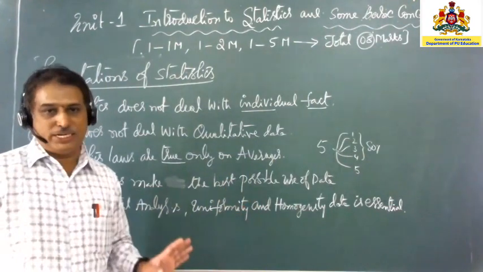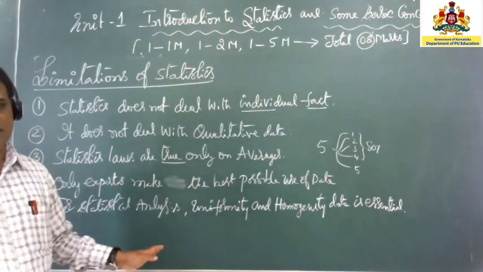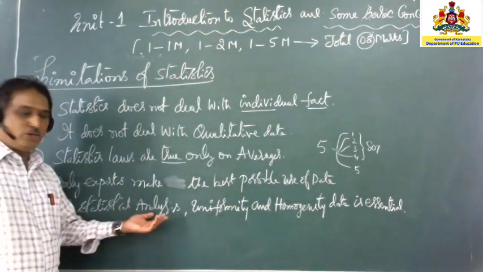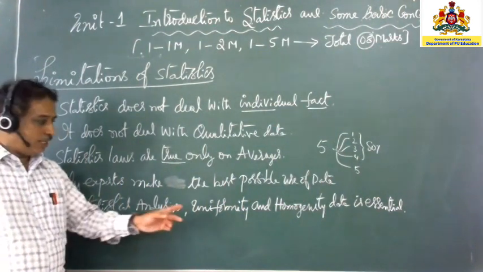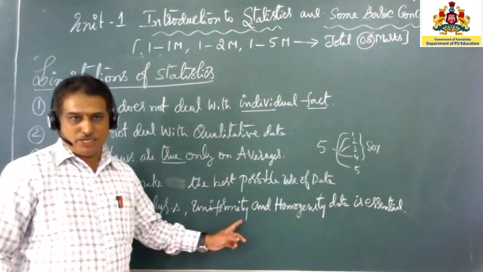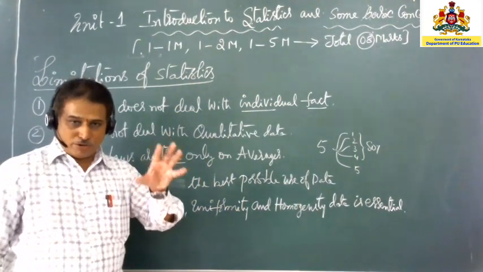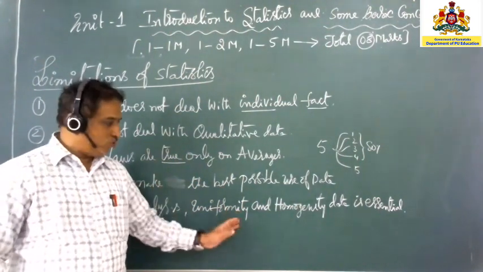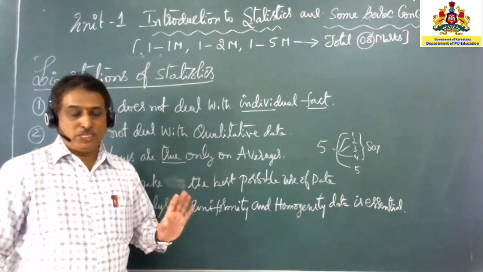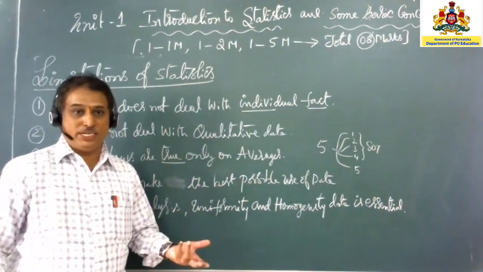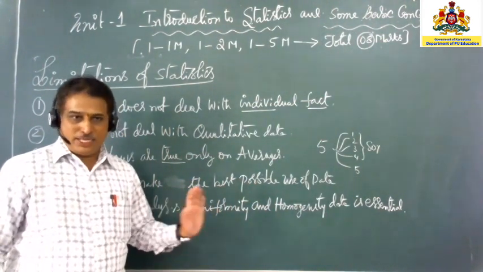If you want analysis of data, the data should be uniform. Uniformity means you have to collect the same type of data only. It should be homogeneous. If the data is heterogeneous, you can't compare the data.